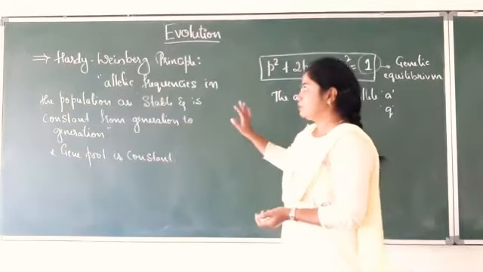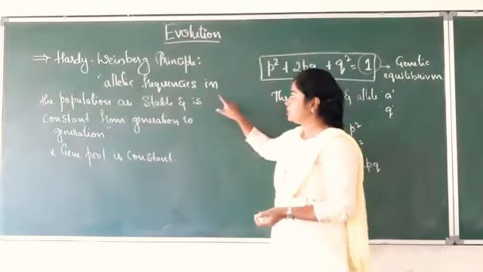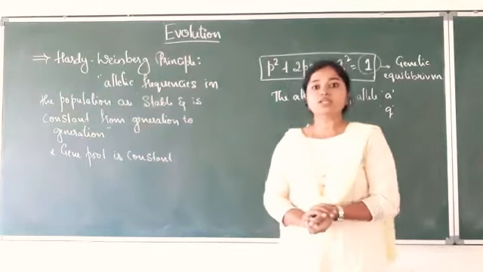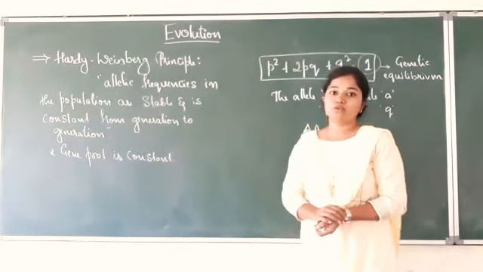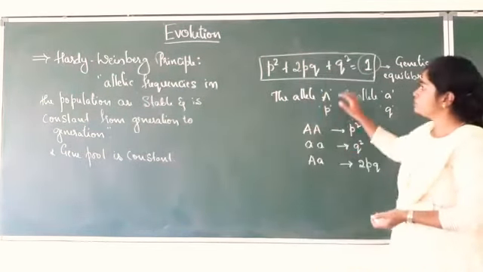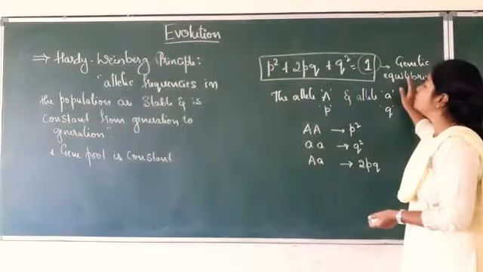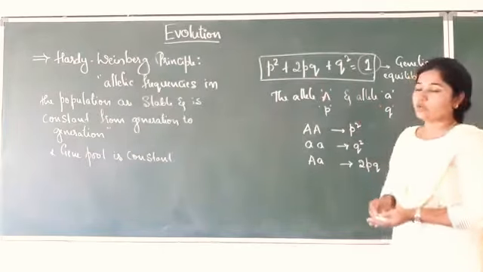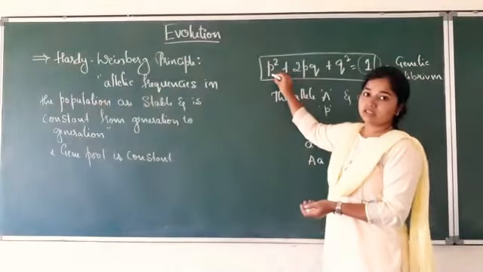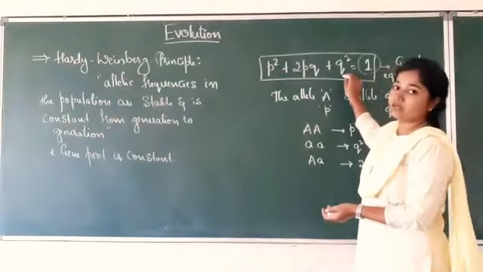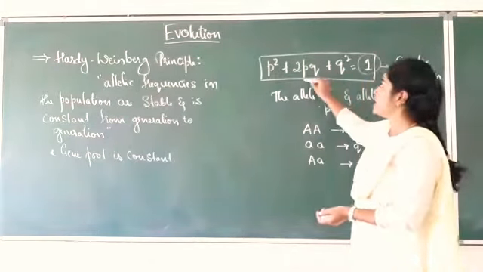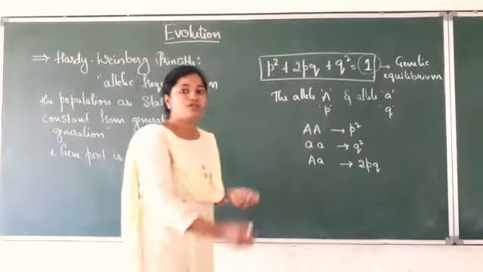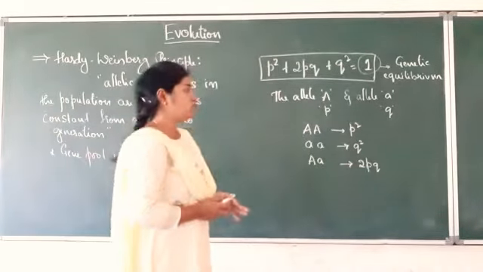So the Hardy-Weinberg principle states that allelic frequencies in a population are stable and constant from generation to generation, where the gene pool is constant. It is also indicated with the help of an equation, that is p square plus 2pq plus q square, where p represents the dominant alleles, q represents the recessive alleles, and 2pq represents the heterozygous condition, one dominant and one recessive allele, right?